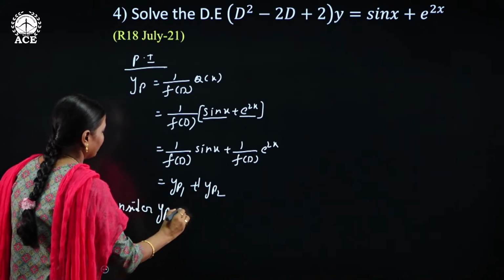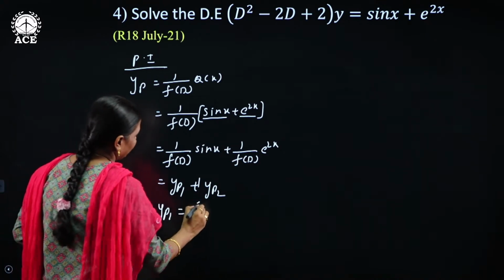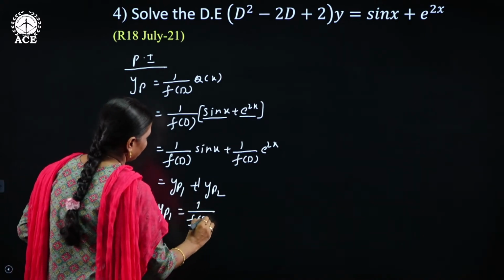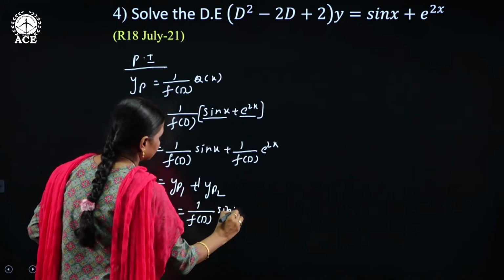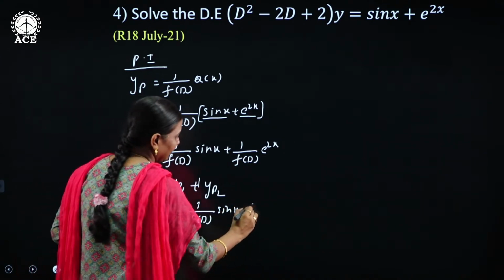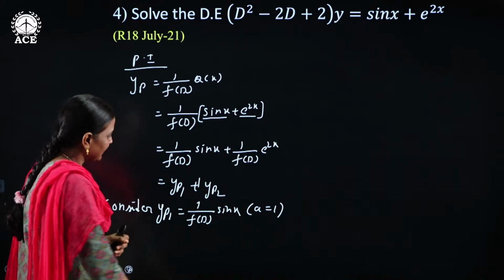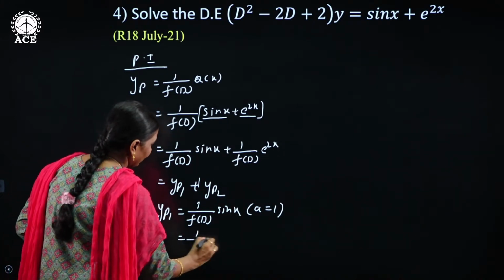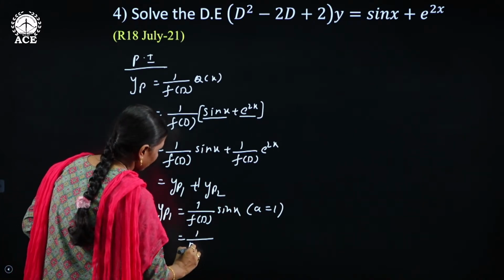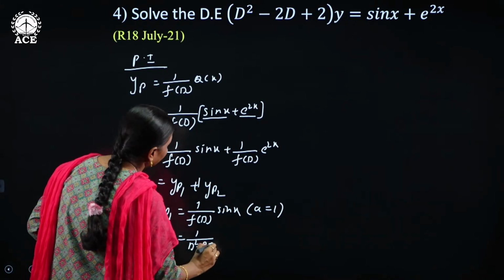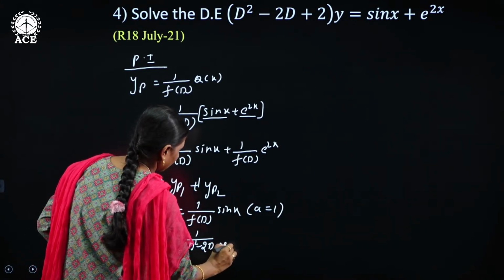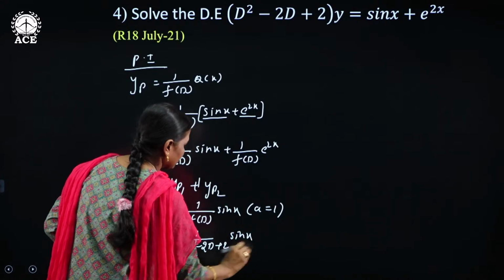What is yp1? yp1 is 1 by f of D into sin x. What is the a value here? a is equal to 1. So when a is equal to 1, and what is f of D? 1 by D square minus 2D plus 2 into sin x.